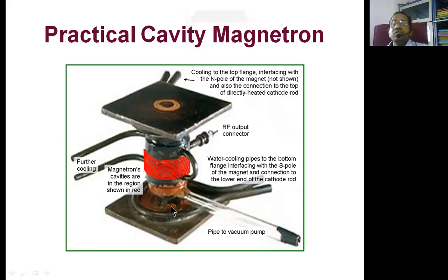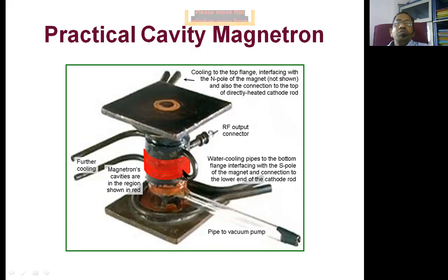Every magnet has a north pole and a south pole, so you have two magnets over here. Inside these two magnets you have the cavities. Magnetron cavities are in the region shown in red. Next, we pump the electrons into this cavity to generate the EM waves.